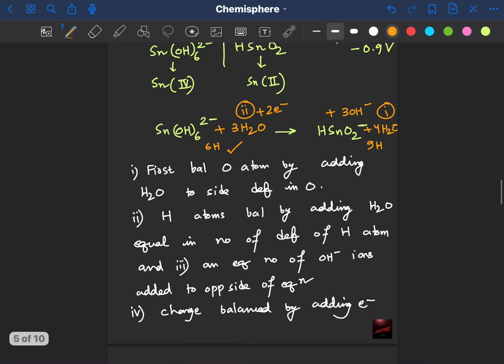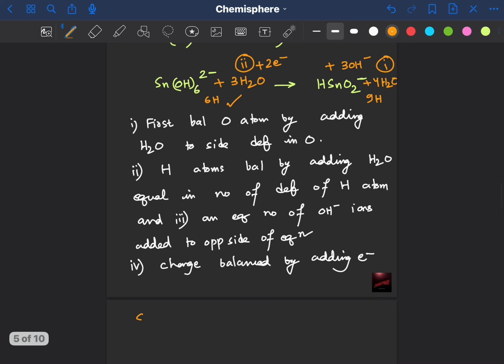So the final balanced equation is SnOH6 2 minus plus 3H2O, and also we have 3H2O here and we have 4H2O here. So overall we will have 1 H2O on the product side.